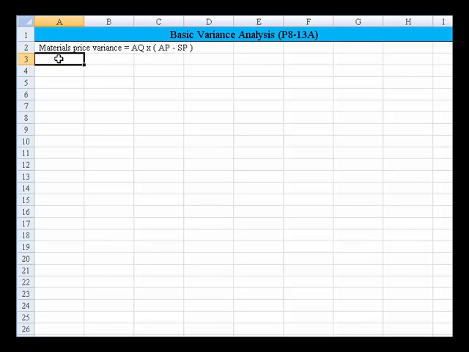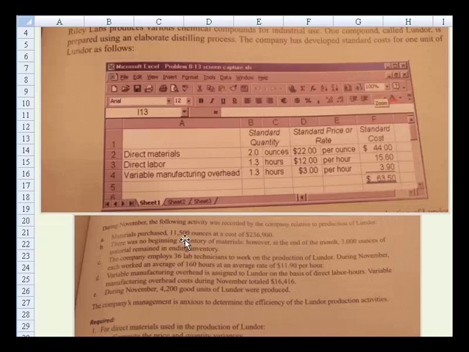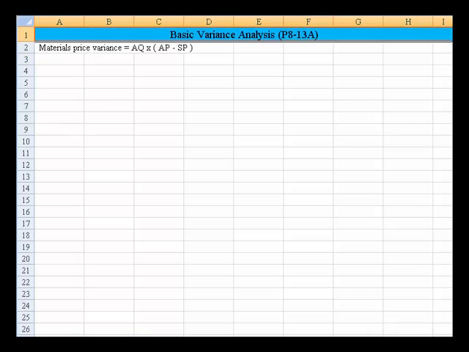Okay, now rather than using the column approach, we'll use it this way. All right, so what they actually purchased was 11,500 ounces, right above my mouse there. Okay, so what we know is we've got 11,500. Let me just type in the formula and we can do this.